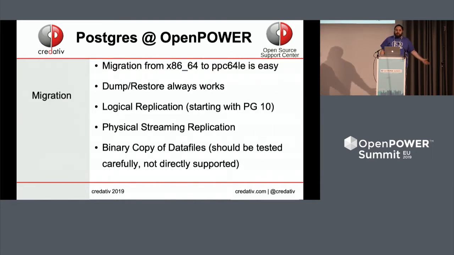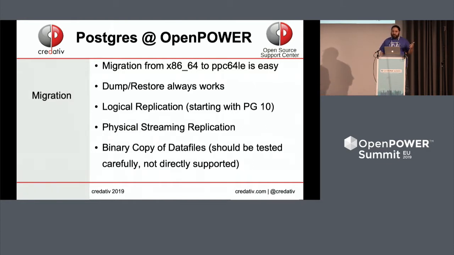If you're trying to migrate off of x86 over to Power, it's relatively easy, or not much more complicated than it might be for other migration problems. If you can do dump and restore of your data, that's really easy and that always works. If you're in Postgres, anything newer than 10, there's logical replication, which essentially is doing a rewrite of the data in a non-binary format, so that works pretty well. We've done testing with physical streaming replication.